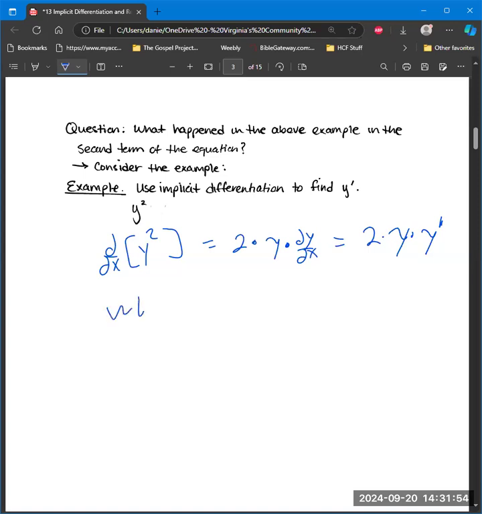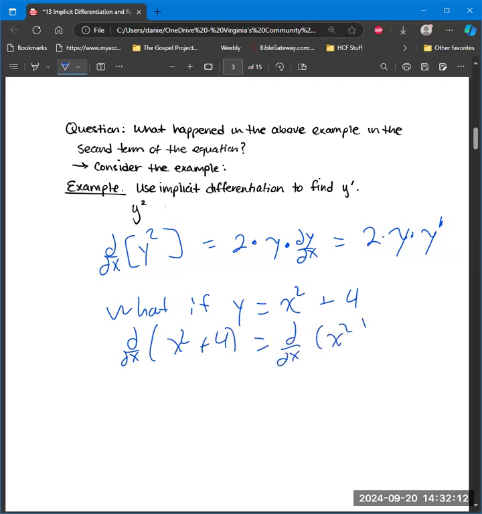So what if y equals x squared plus 4? You know that you would take the derivative of each piece, and the derivative with respect to x of x squared would just be 2x, right?